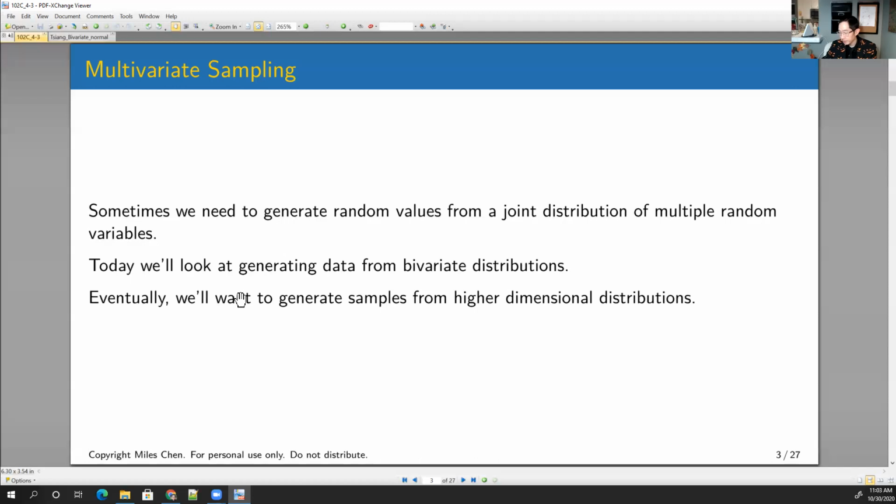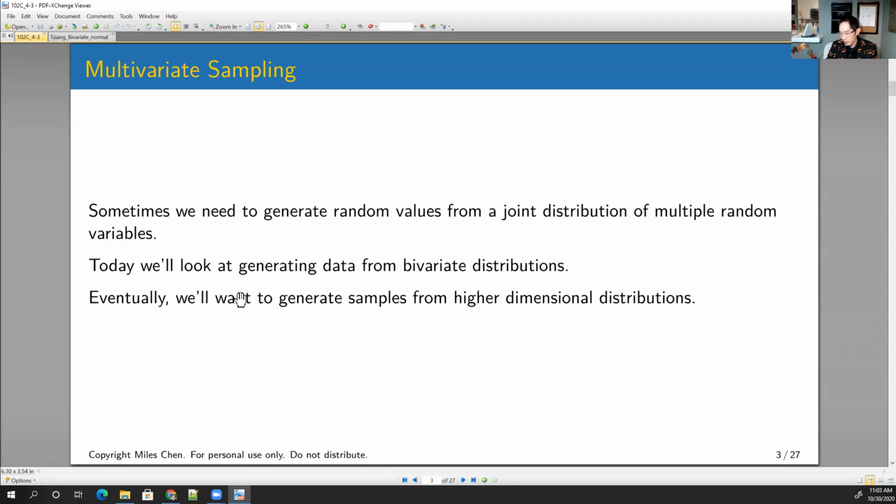Eventually we're going to get to higher dimensional distributions, okay? But right now it's just going to be bivariate. Next week, I'm going to introduce the topic of Markov chains, which is going to be important because there's a lot of Markov chain Monte Carlo, MCMC.